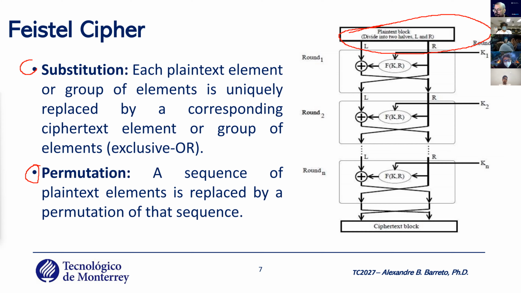What do you think? Come on, guys. You have only 3 operations. What do you think? The plain text and the cipher text, is there a big difference, or a small difference?